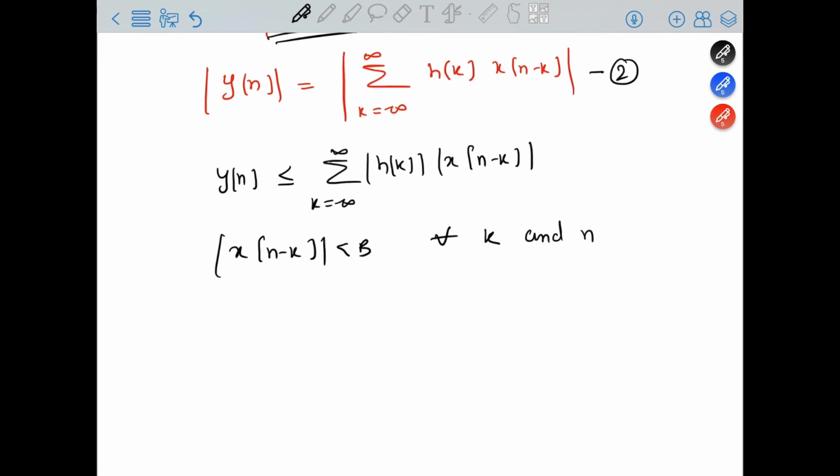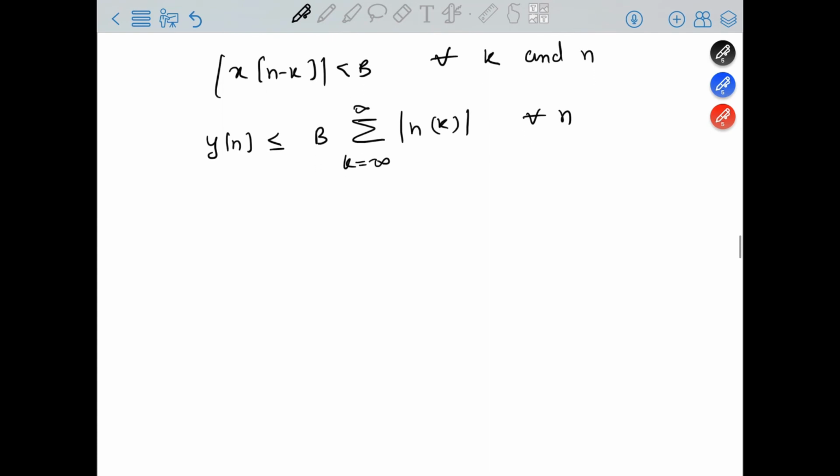Now replace it into equation number 2. We get |y[n]| less than or equal to B times the sum from k equals minus infinity to infinity of |h[k]|, for all values of n. And this implies that for a system to be stable, the sum from k equals minus infinity to infinity of |h[k]| should be less than infinity.